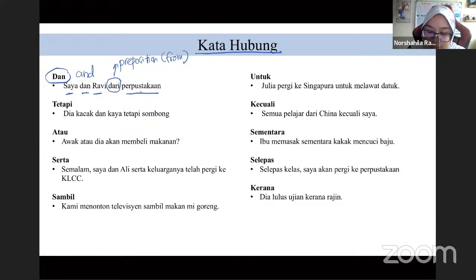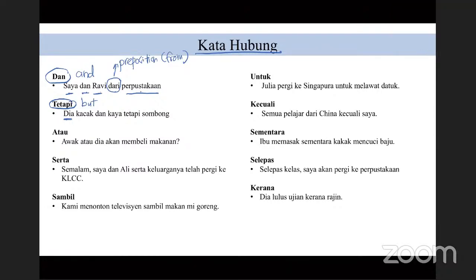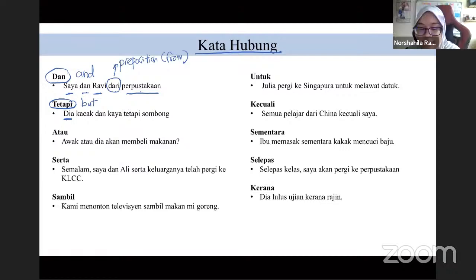Okay, next conjunction word that we have here, tetapi, means but. Dia kacak dan kaya tetapi sombong. Dia means, if you remember when we learned about the pronouns, dia, he or she, because we don't know either girl or boy.